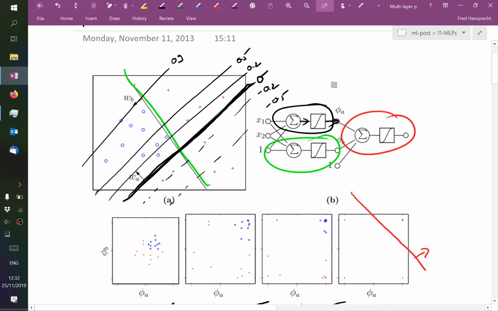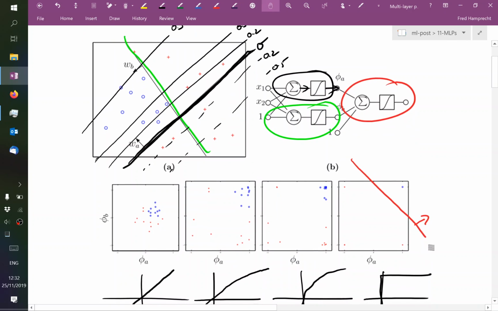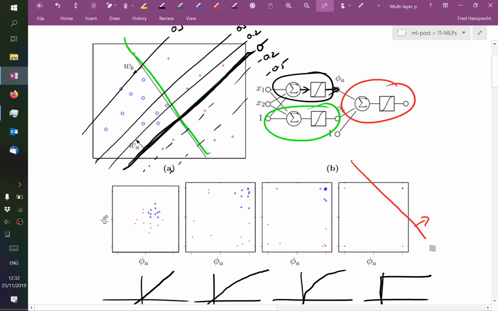Let's use this sigmoid and get a prediction for each observation. And this prediction here for the black sigmoid I've called phi A. And it gives us a new set of coordinates.